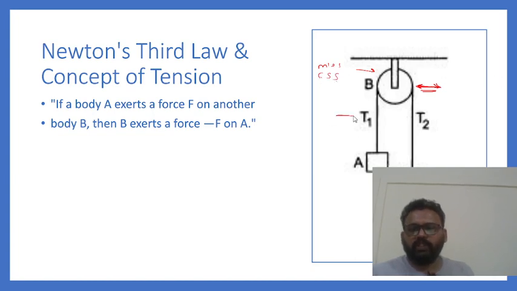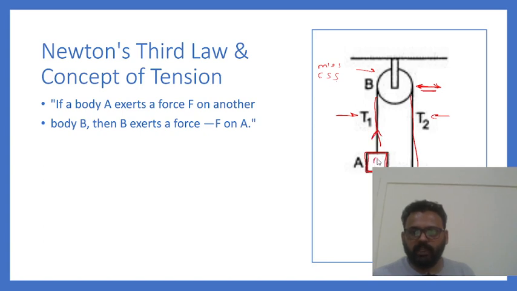So now, what is tension? Tension is a force which is produced in an object like a thread, chain or spring. Now what is the direction of tension? If you have to find the direction of a tension, it is always away from the masses.